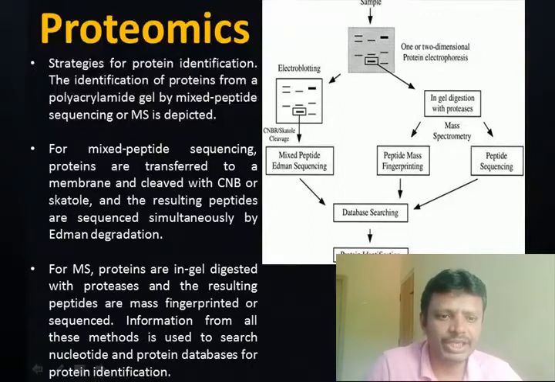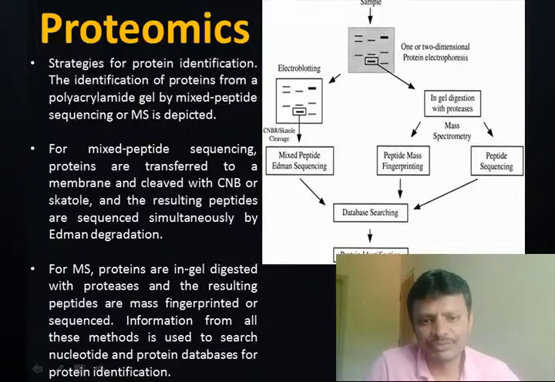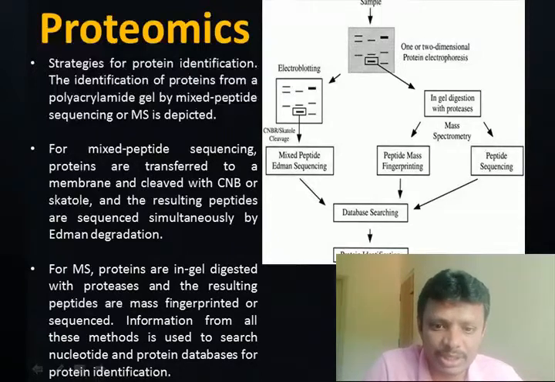So this is how proteomics gets initiated. To detail it, protein identification: proteins from a polyacrylamide gel are identified by mass sequencing or MS. Then we cleave them using the CNBr tool, and the resulting peptides are sequenced by Edman degradation, as I discussed.